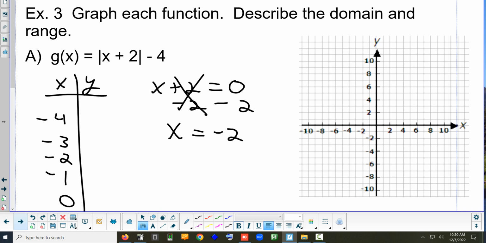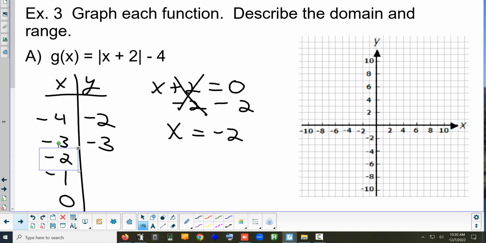And what's 2 minus 4? -2. There's our first one. Next one is -3. What's -3 plus 2? -1. What's the absolute value of -1? 1. And then 1 minus 4. -3. There's our -3.